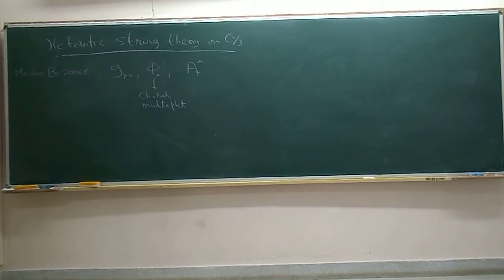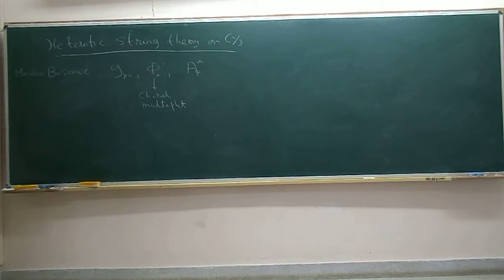Before we determine the spectrum, which of course will be the first task, it will be useful to write down the most general 2 derivative action that you could have, just like we did for type 2, the N equal to 2 string theories. We saw that given the prepotential and the hypermultiplet metric, we can write down the most general action, at least at the 2 derivative level.